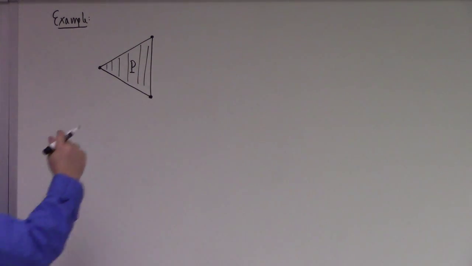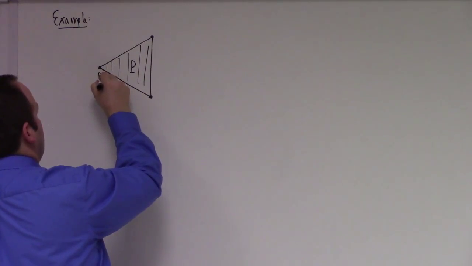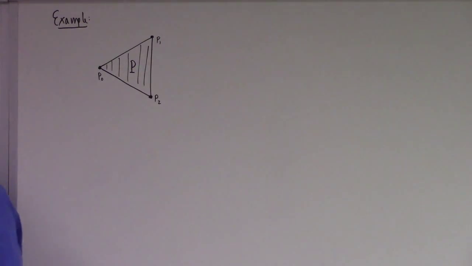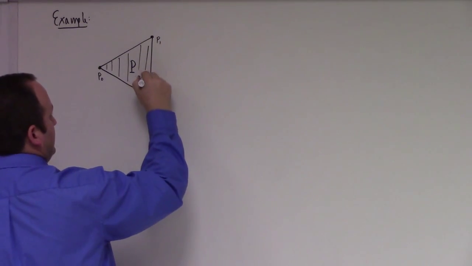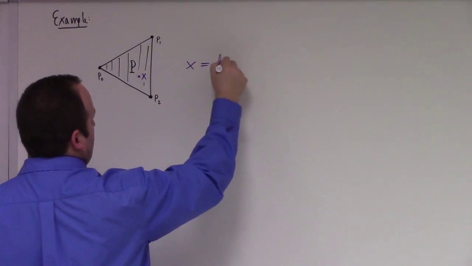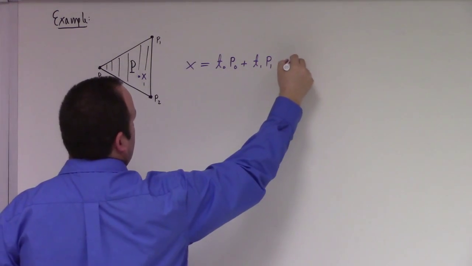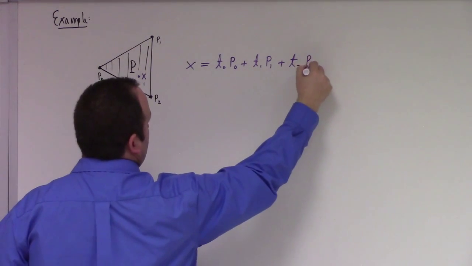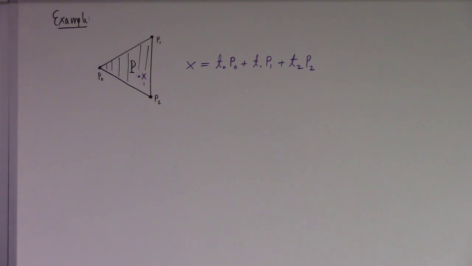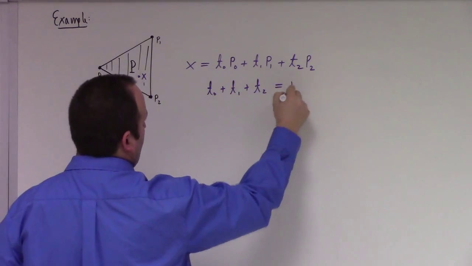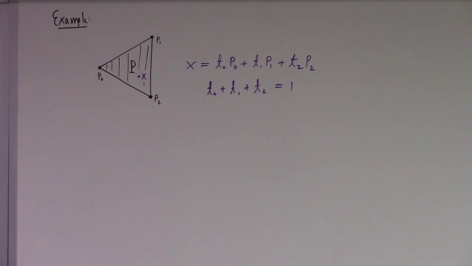So if this is P0, this is P1, this is P2, a typical point x in P would be equal to t0 P0 plus t1 P1 plus t2 P2, where the sum of the coefficients is 1 and they're non-negative.